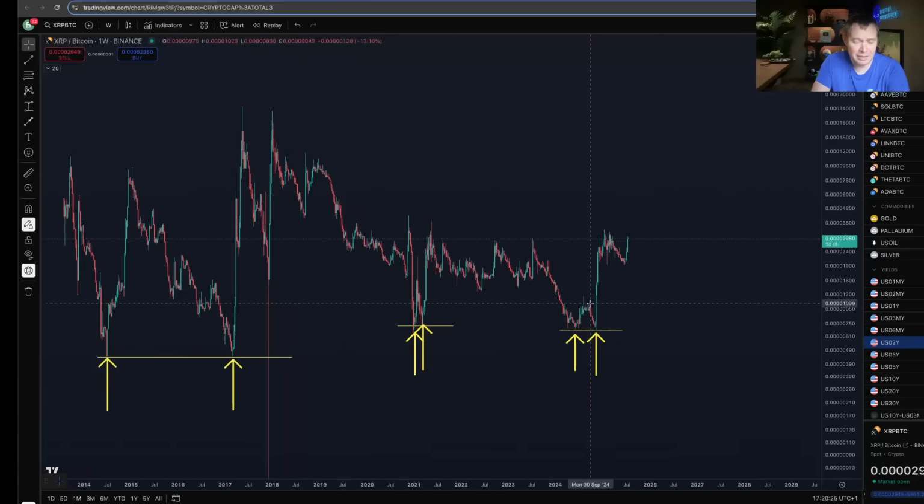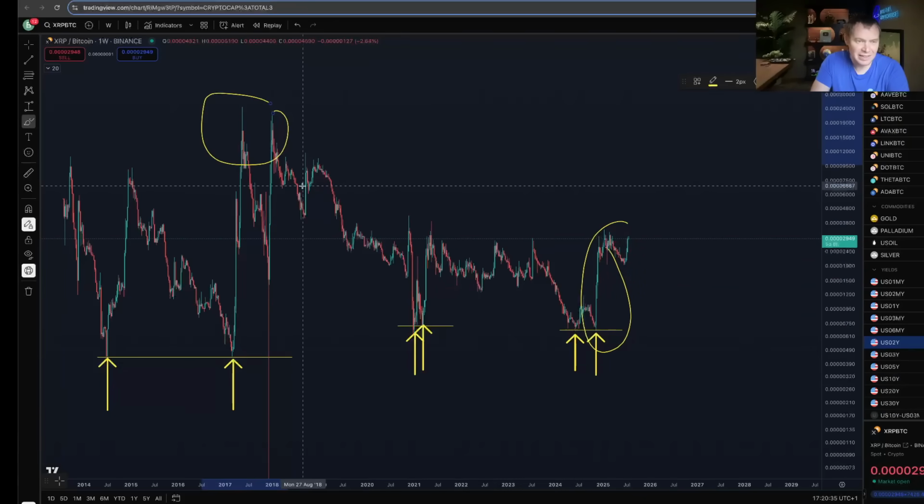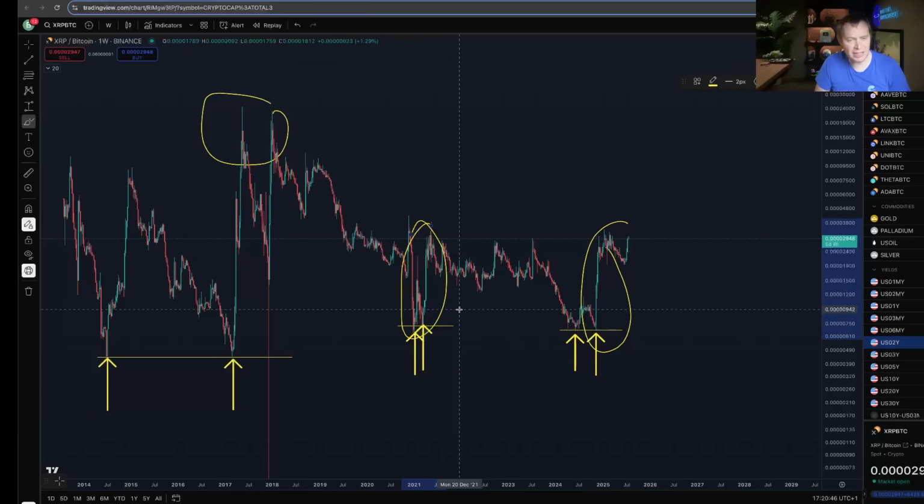The problem is that even with this rally, look at where it was in 2017, right? Like 8 years ago, the XRP Bitcoin valuation was so much higher. So yes, it's easy to look at these pumps and think you should have just gone all in.